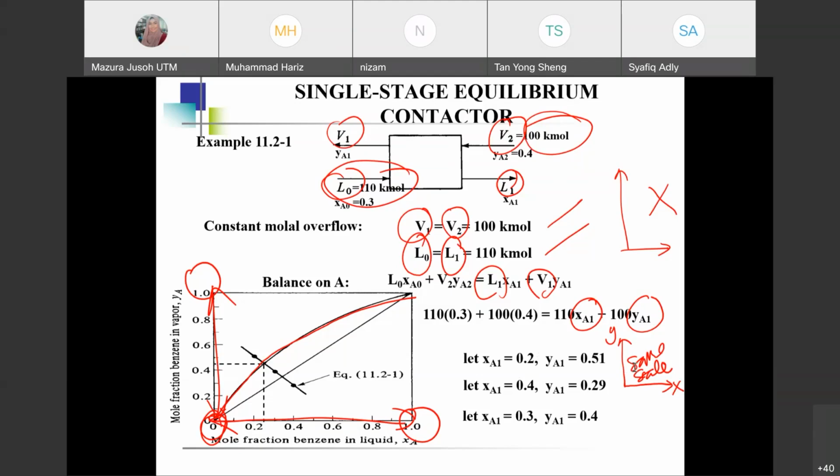Okay, now write down in the chat box, what do you get for your corresponding XA1. And you have to write down what XA1 that you take and what is the YA1 you get.